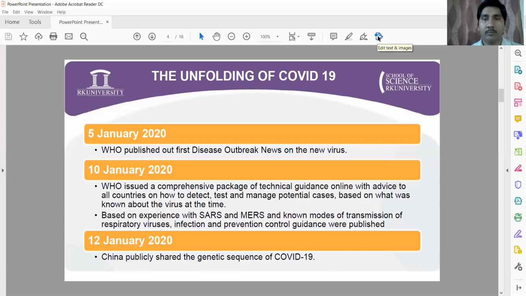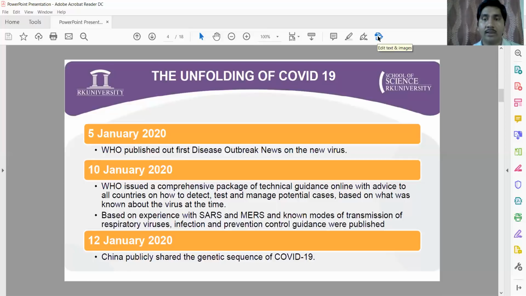As time passed, the cases unfolded and the research also carried on. On 5th January, WHO published the first disease outbreak news about this new virus. On 10th January, WHO issued a comprehensive package of technical guidelines on its website, which advised all countries on how to detect, test, and manage potential cases of this new pneumonia-like disease.